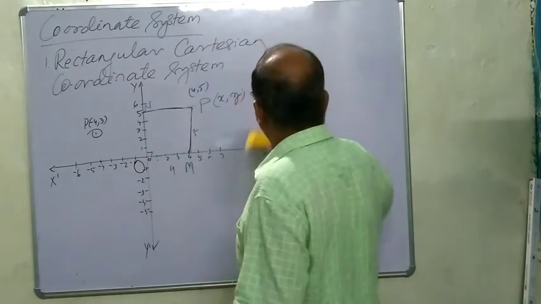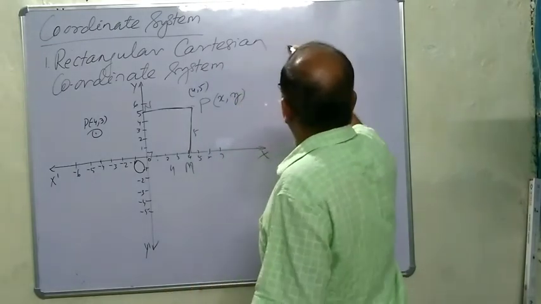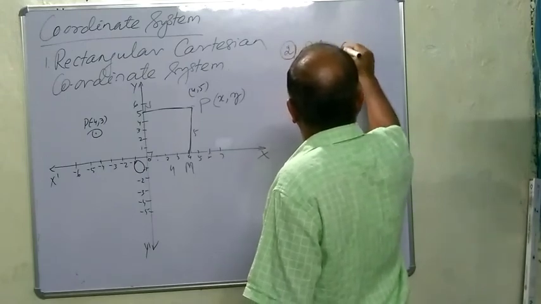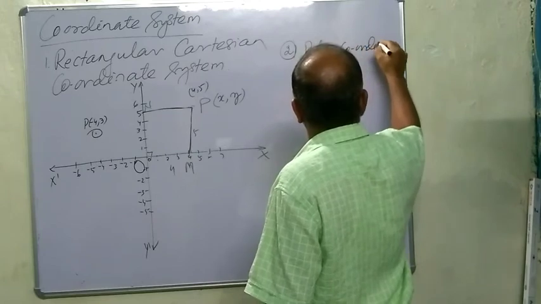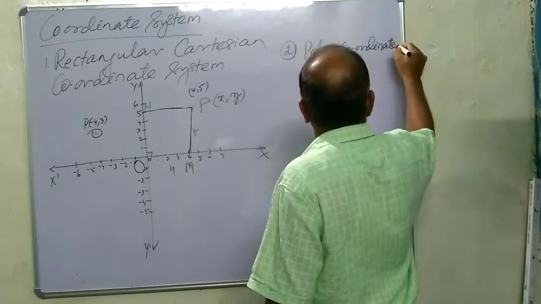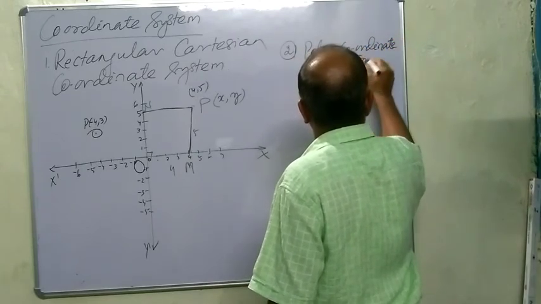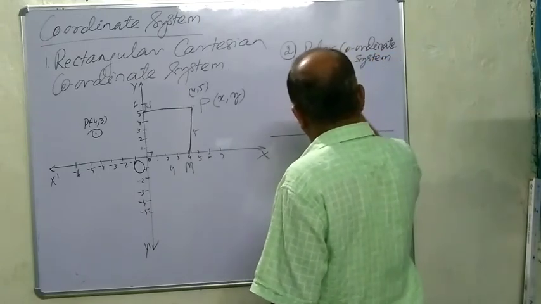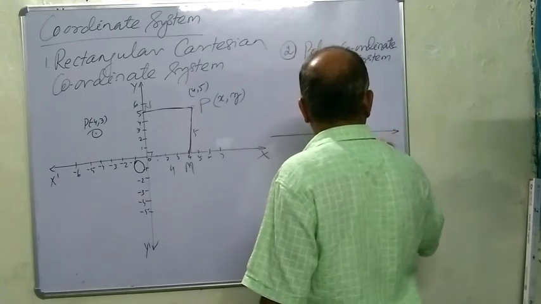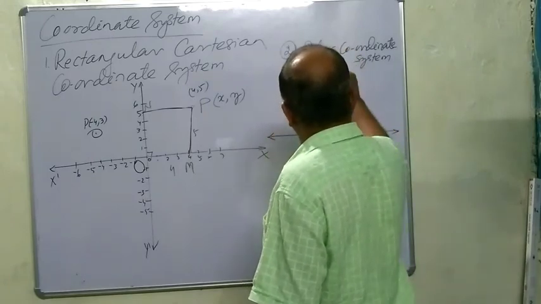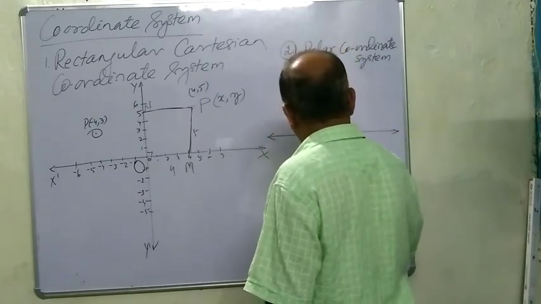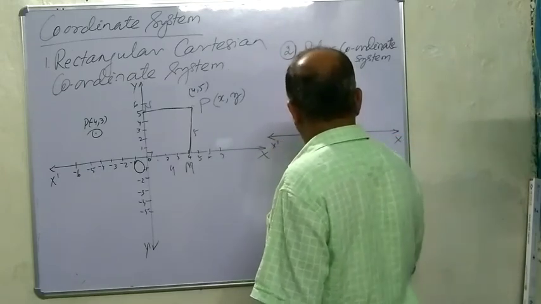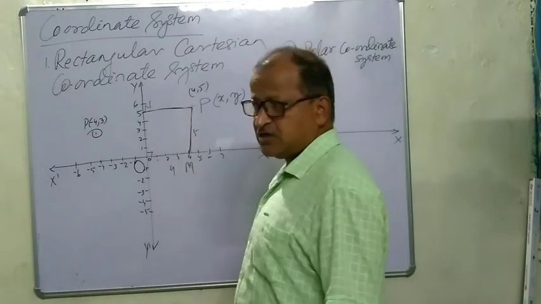Then we will discuss the polar coordinate system. In the polar coordinate system, suppose this is our Cartesian coordinate system.